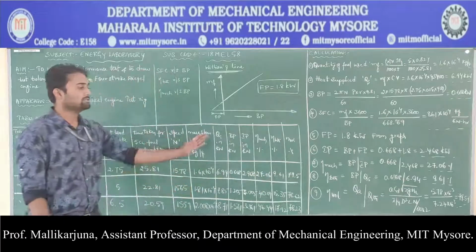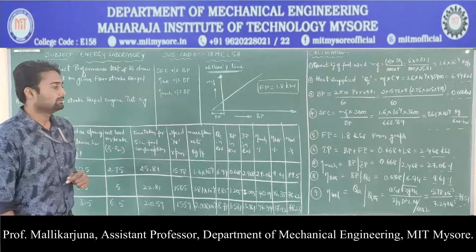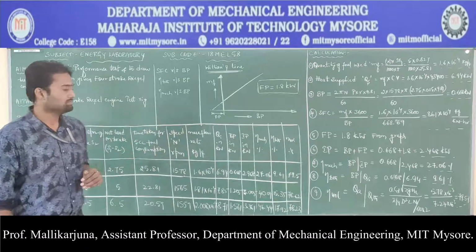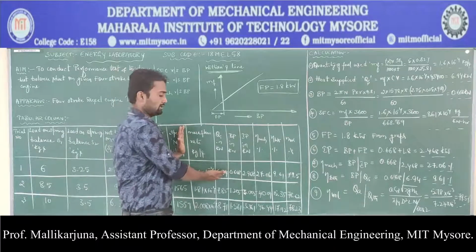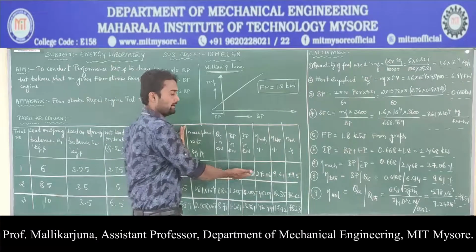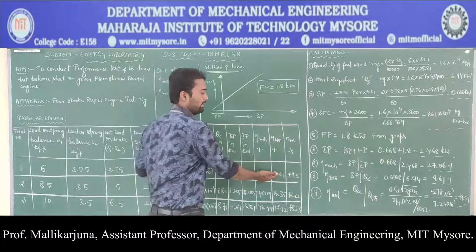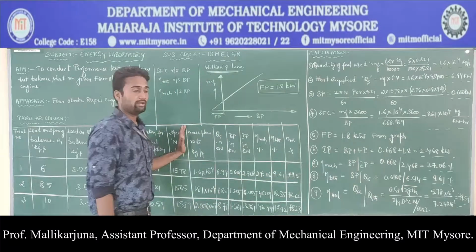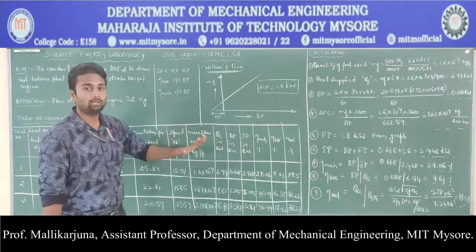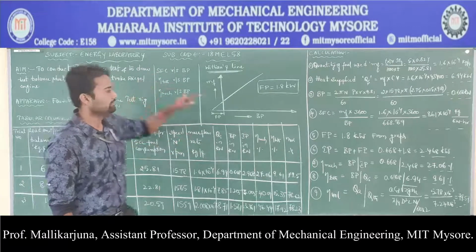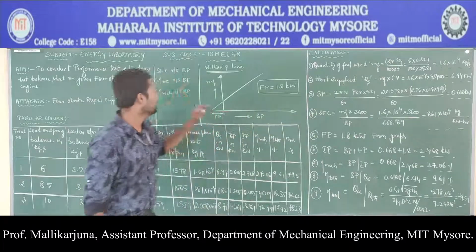So this is the first trial for us, wherein we have calculated the mass flow rate, heat supply, IP, mechanical efficiency, brake thermal efficiency, as well as volumetric efficiency. If you look at the performance curves, we have calculated SFC, the specific fuel consumption.